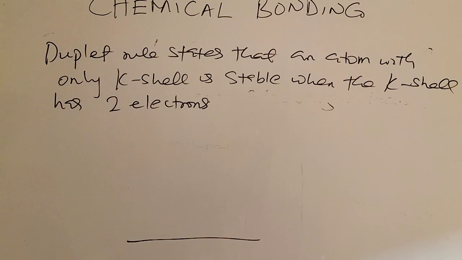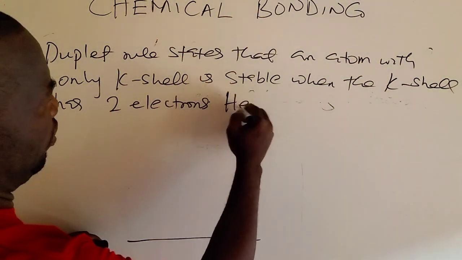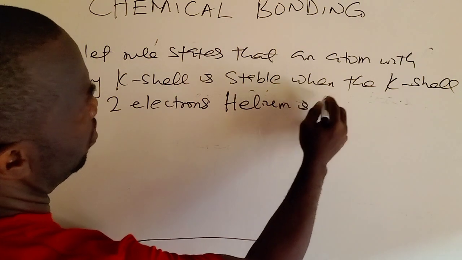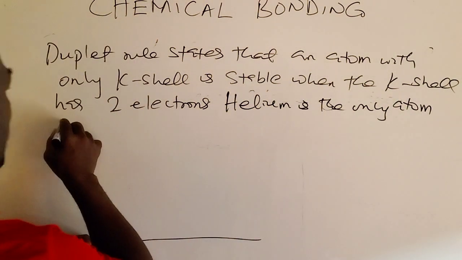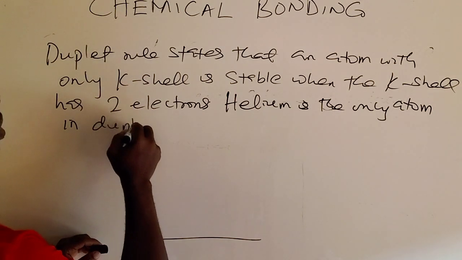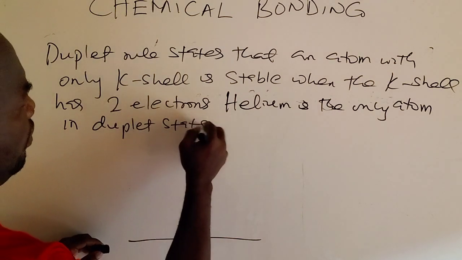Now in chemistry, there's only one atom which satisfies the duplet state, and that atom is called helium. So helium is the only atom in duplet state. Why did I say so?